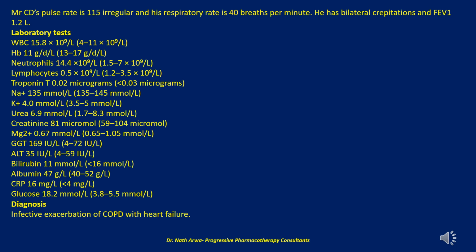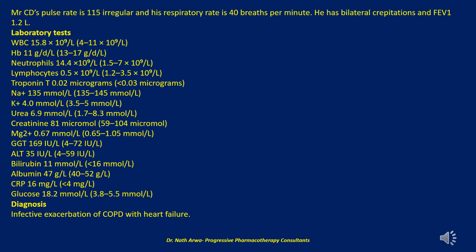Urea of 6.9 millimoles per liter. The normal range is 1.7 to 8.3 millimoles per liter. Creatinine 81 micromole. The normal range is 59 to 104 micromole. Magnesium of 0.67 millimoles per liter. The normal range is 0.65 to 1.05 millimoles per liter.